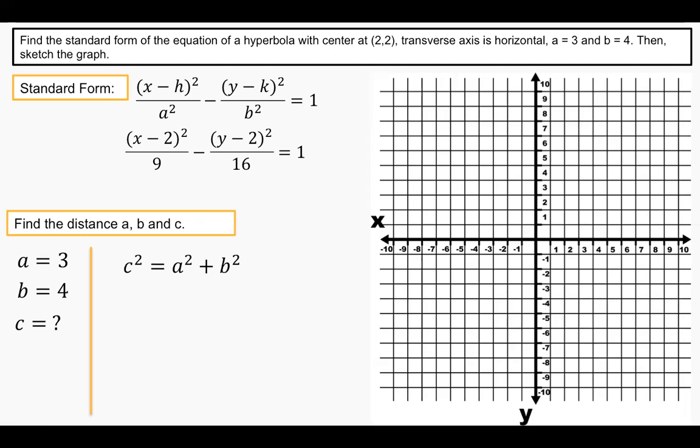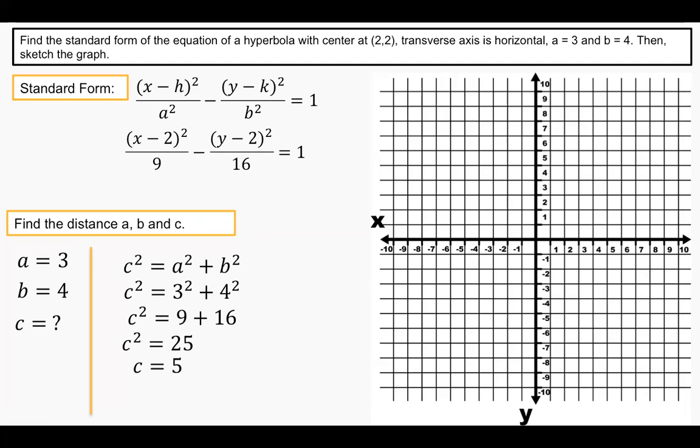So substitute the values of a and b. You simplify the equation. So we have here c squared is equal to 25. Take the square root on both sides of the equation. So c is equal to 5. So we will be using the values of a, b, and c to sketch the graph, and of course to determine the coordinates of the vertices, foci, and the co-vertices.